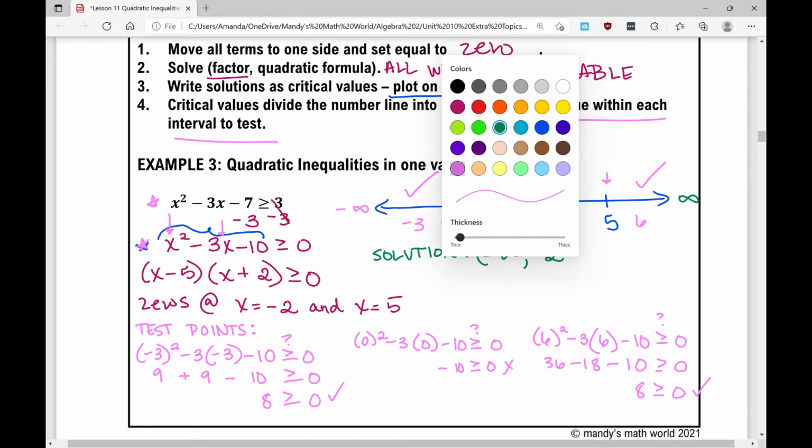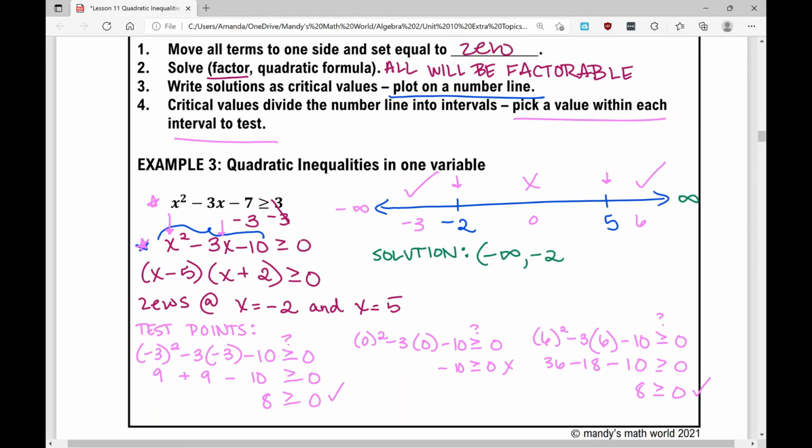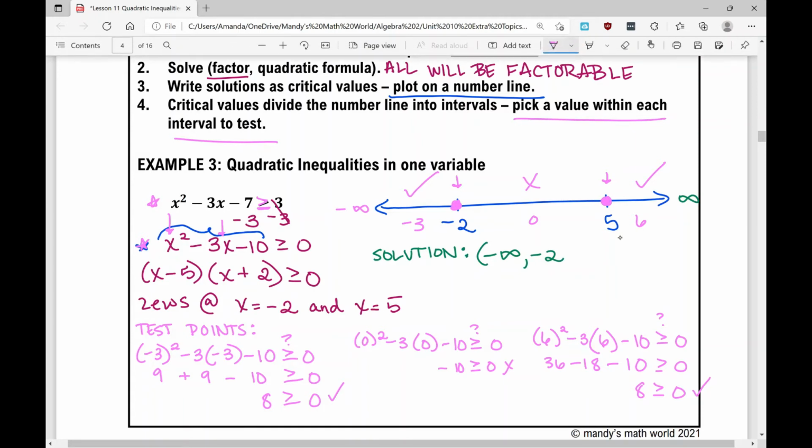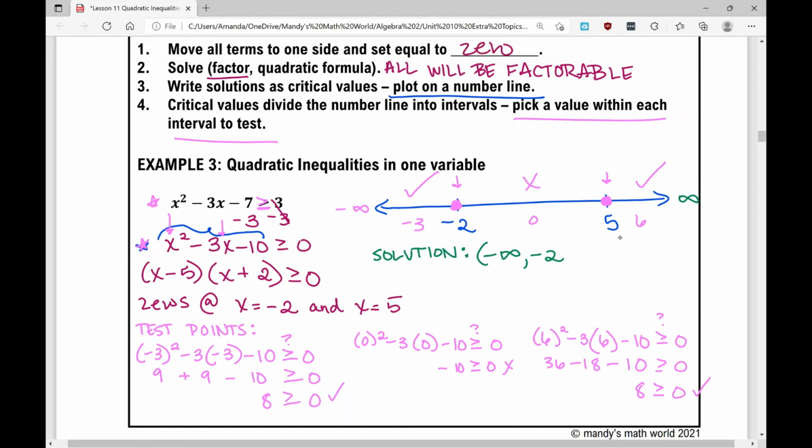I really like to put dots or open dots because this symbol says greater than or equal to. I am including these points at negative 2 and 5. These critical values will be included in my solution set. So negative infinity to negative 2, including, or positive 5, including, to infinity.